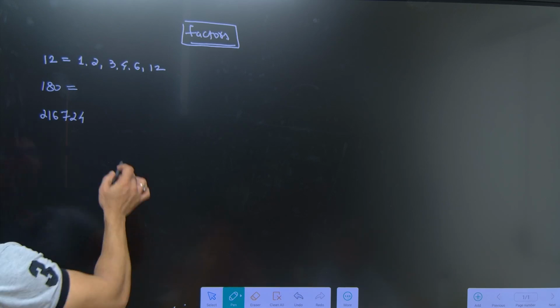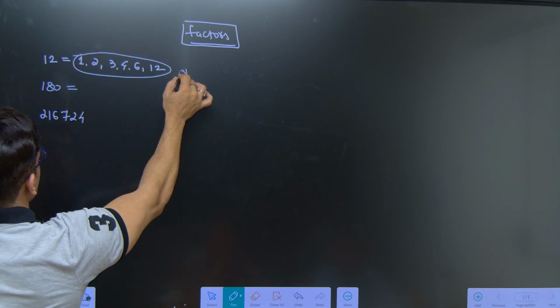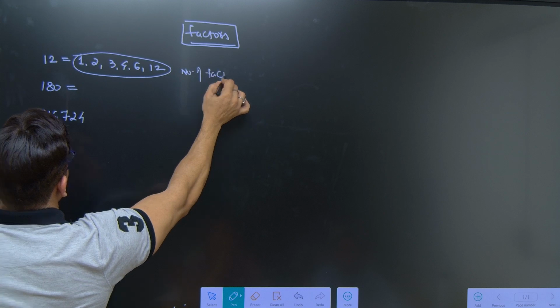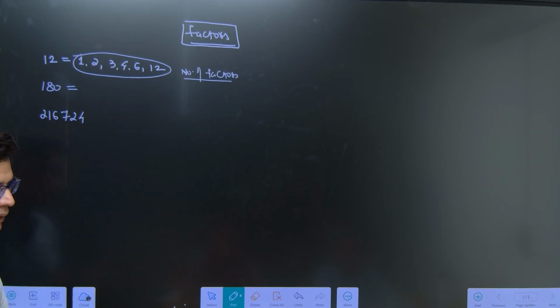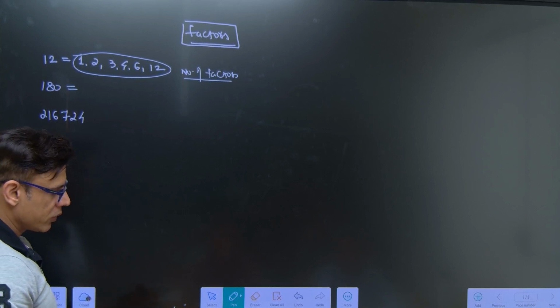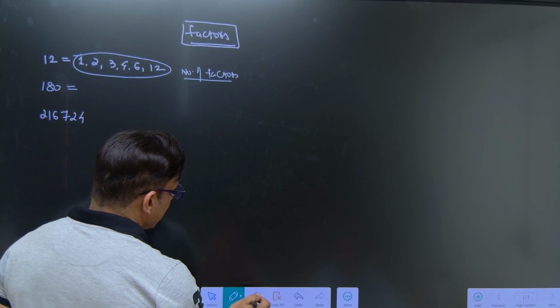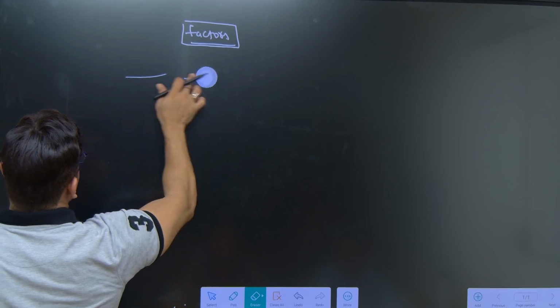See, I'm not interested in what the factors are. I'm more interested in the number of factors. In this case we have 6 factors. So 180 will have how many factors? That we have to understand, right? If I give you a particular number and ask how many factors are there in that number, what we are supposed to do is prime factorize the number.